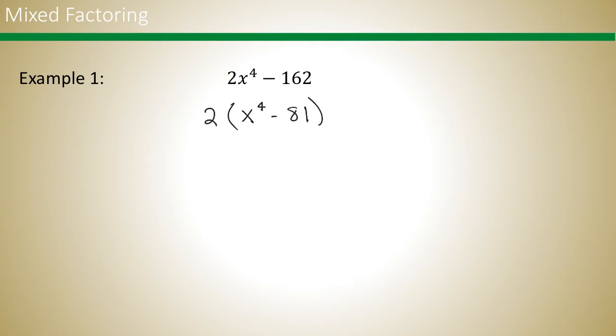And yes, it is. x to the 4th can be broken apart as x squared and x squared. 81 can be broken apart as 9 and 9. One of those 9s must be negative. So that becomes x squared minus 9 times x squared plus 9.